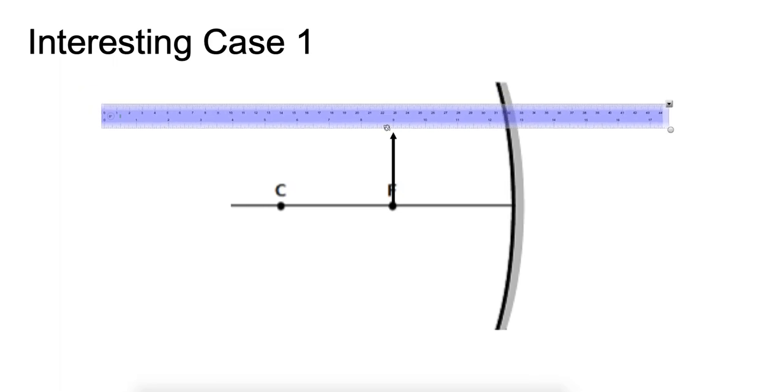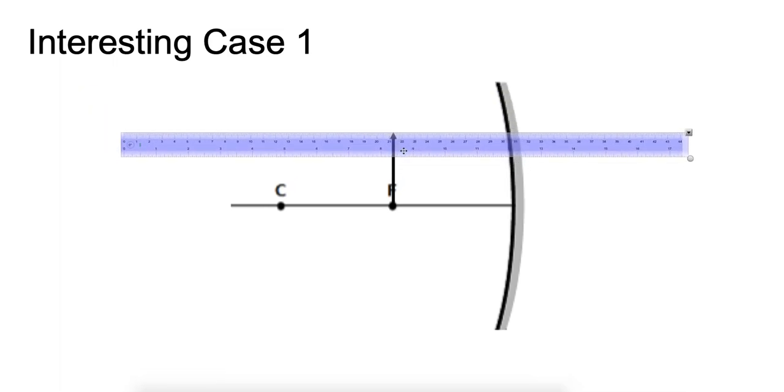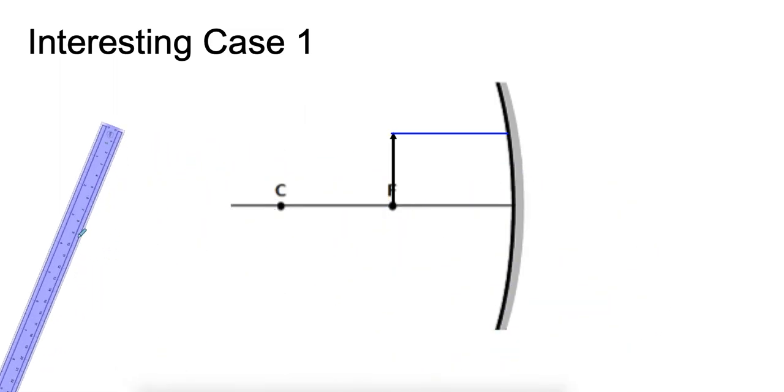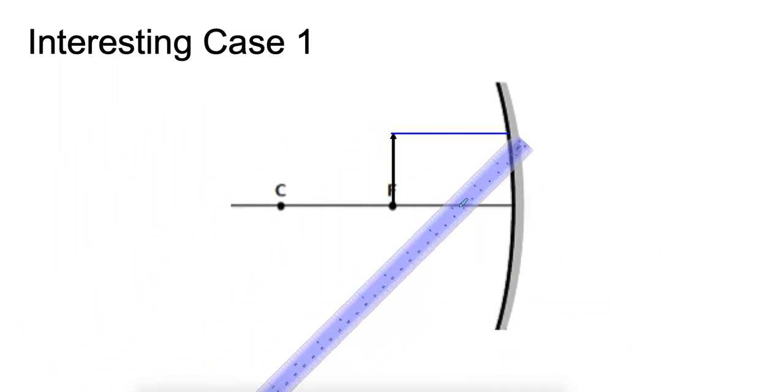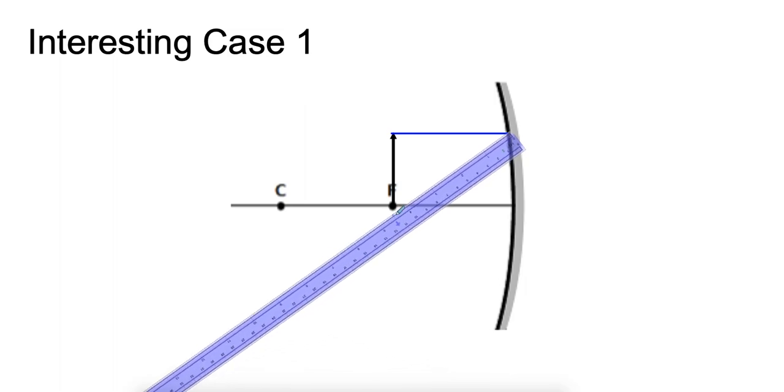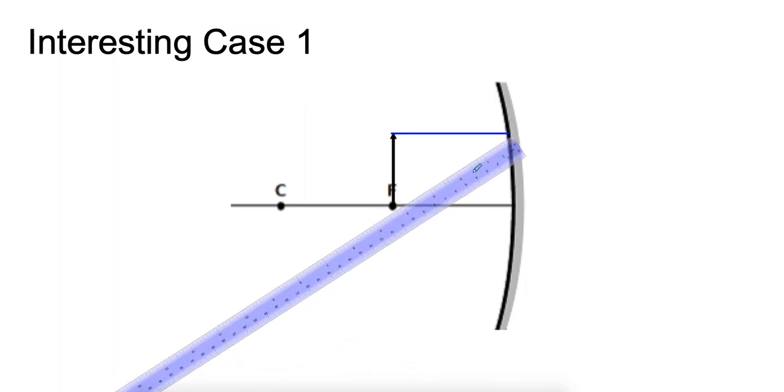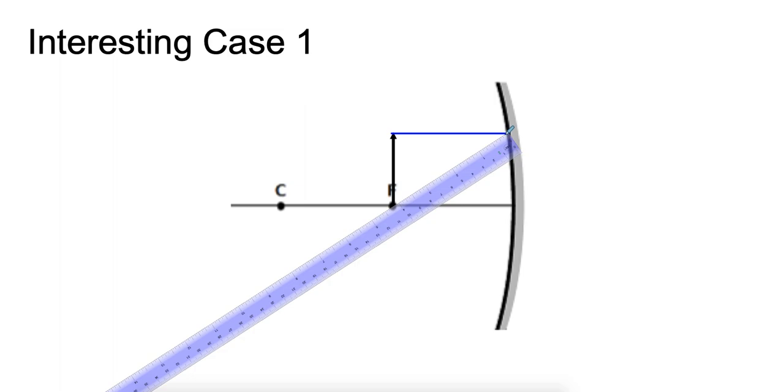However, it doesn't stop everything. So one thing we can do is draw our parallel ray. It's going to hit our mirror, and then that will travel back through the focal point.